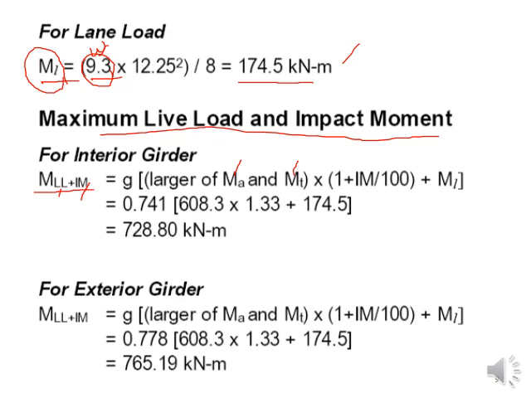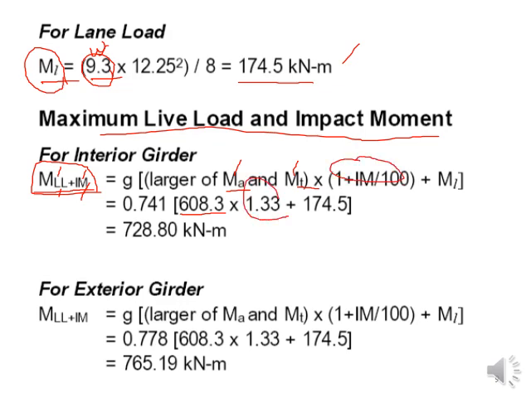If you are determining the total moment by considering the live load and the impact factor, you are familiar with that. I am again revising and repeating that particular fact. Your impact moment can be calculated by multiplying the dynamic allowance factor only with the vehicular load. Vehicular load we have calculated as axial and tandem. Out of these two, whatever the larger value is, this is 608.3. With that you have to multiply the factor of 33%.